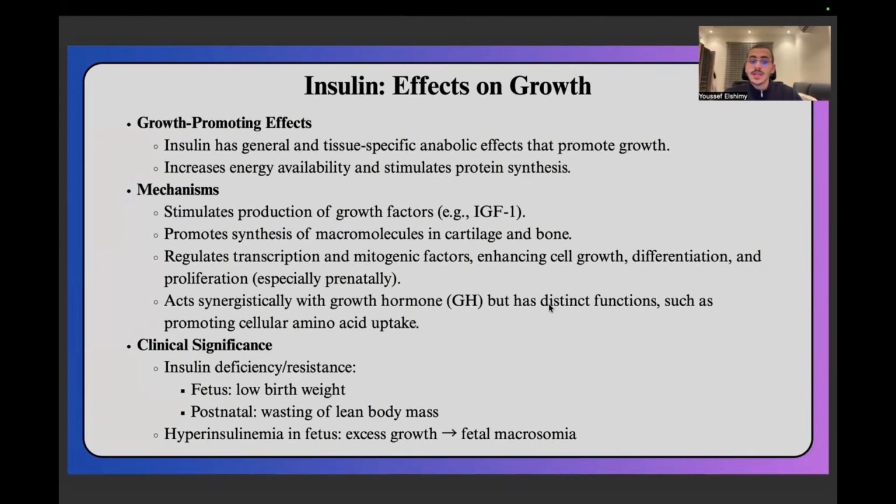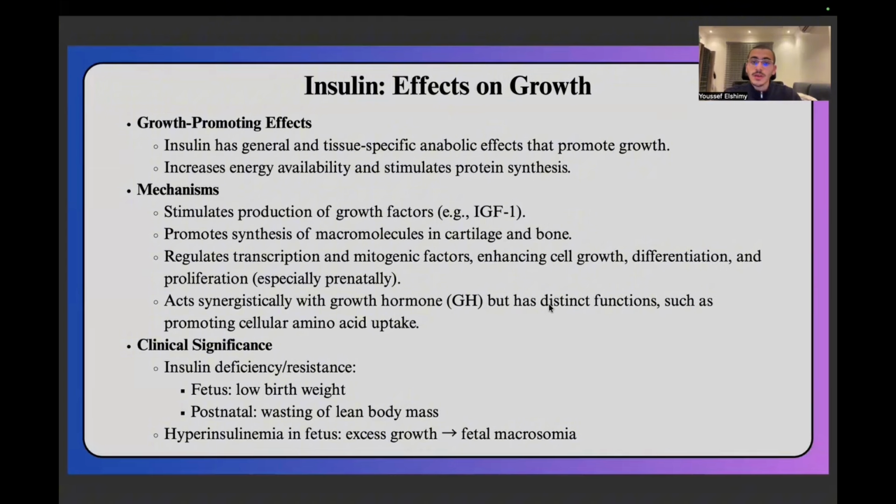One of the mechanisms is that it stimulates the production of growth factors like the insulin growth factor 1, and you know how much important insulin growth factor 1 is for growth and organ development and organ growth. It also promotes synthesis of macromolecules in cartilage and bone. It regulates transcription and mitogenic factors. It enhances cell growth and differentiation as well as proliferation.